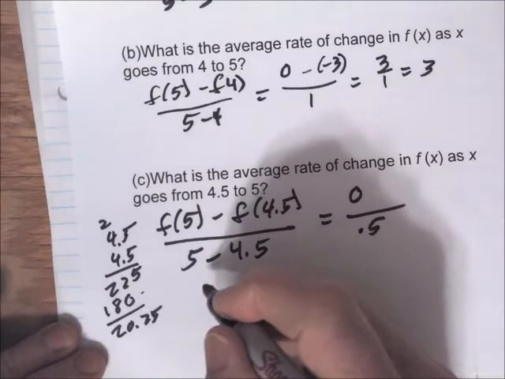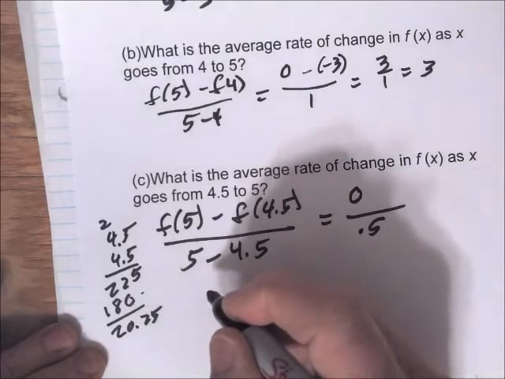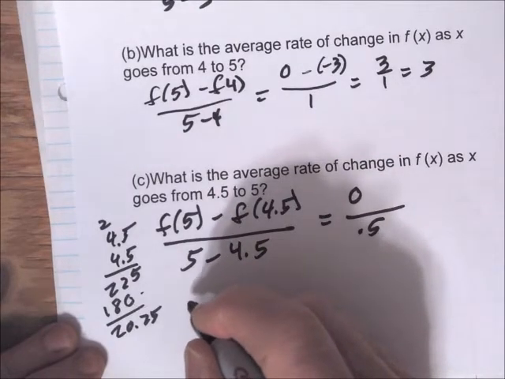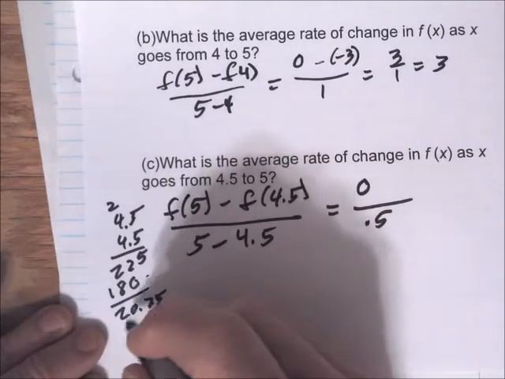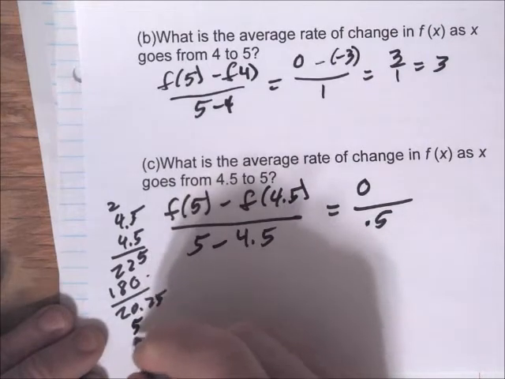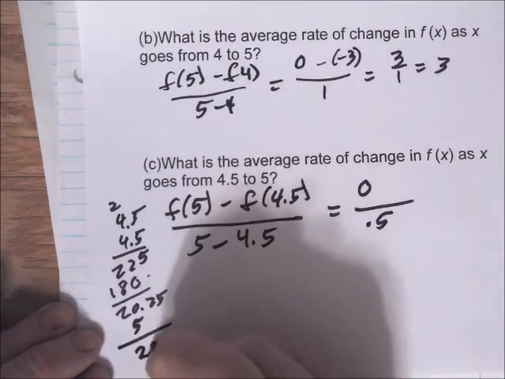Okay, and then 6 times 4.5. Let's add 5 to the 20.25. If you add 5 to it, we get 25.25.